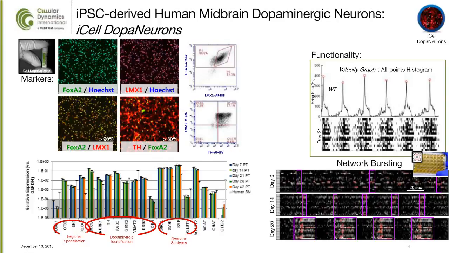This can be captured in a functional assay to look at a velocity graph, which is an all-points histogram of the action potentials across all the electrodes, and we can see hypersynchronous bursting behaviors that usually max out at about 400 to 500 hertz in their hypersynchronous moment.